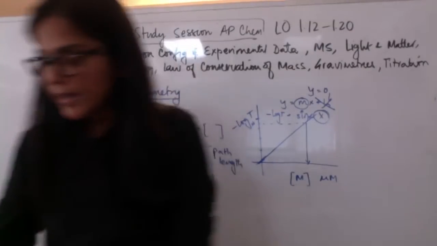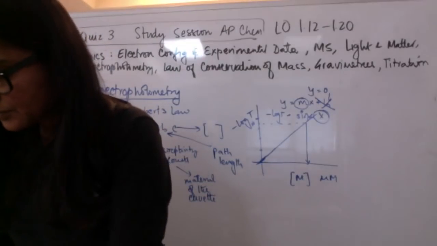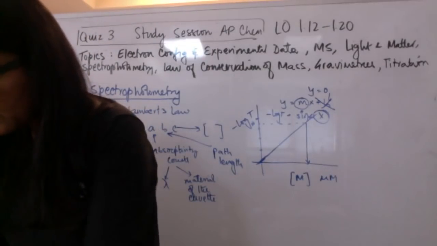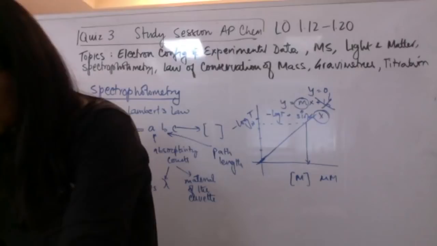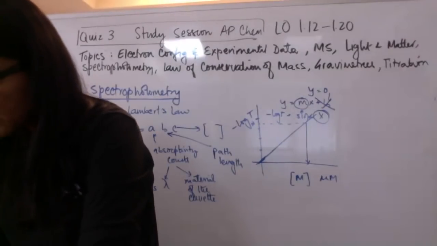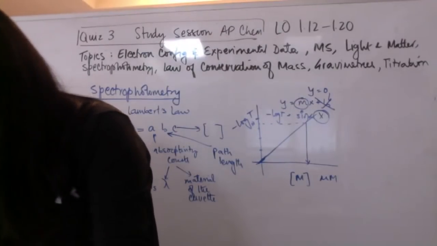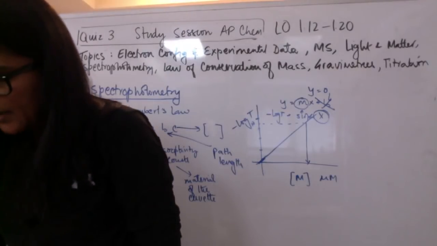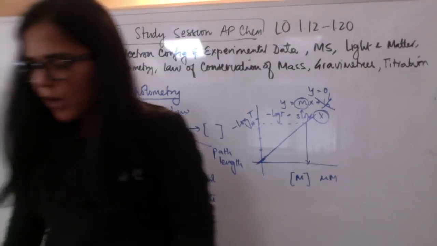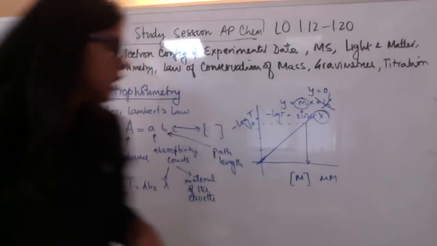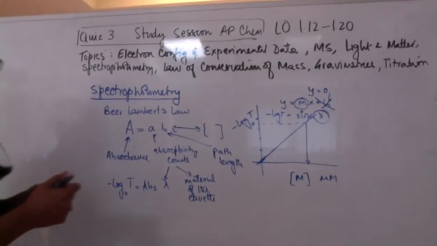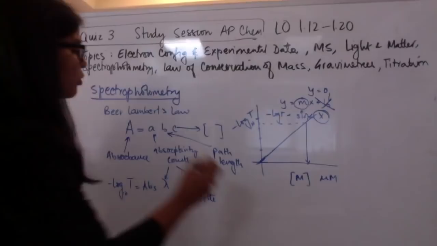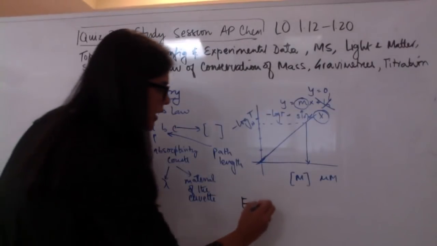And now 8C. Calculate the energy in kilojoules for 1 mole of these photons. So remember, Harshit, that we did E is equal to h nu.